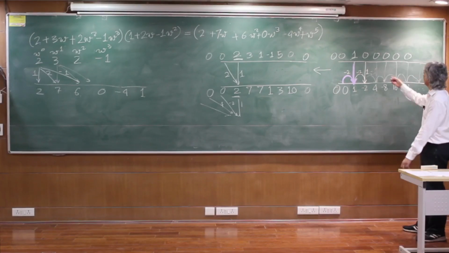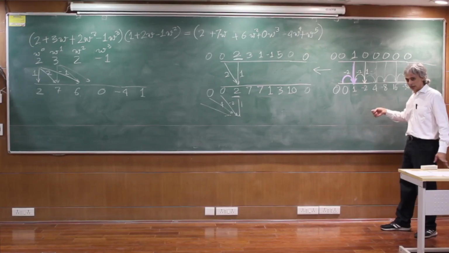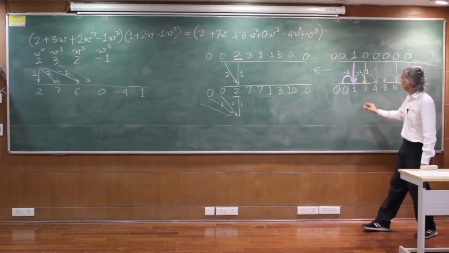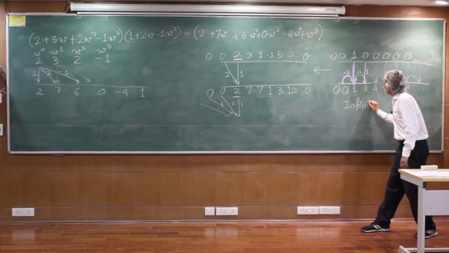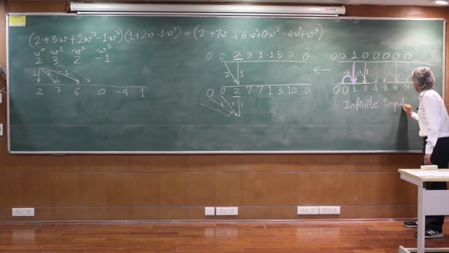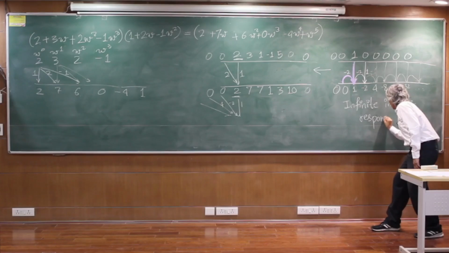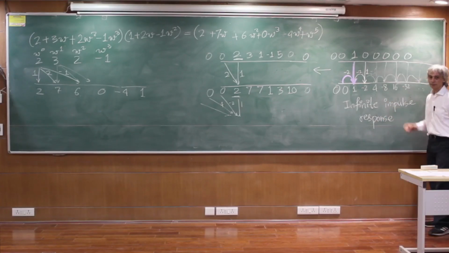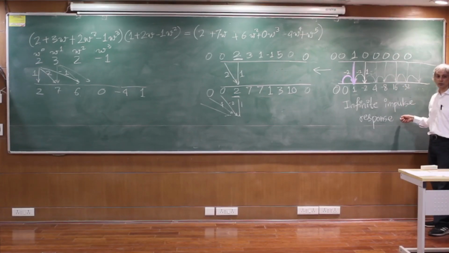Now as you see, this structure is a certain kind of structure. It's a special case of what is called infinite impulse response filters. Okay? This structure is a convolution filter, and it's a special case of infinite impulse response filters.